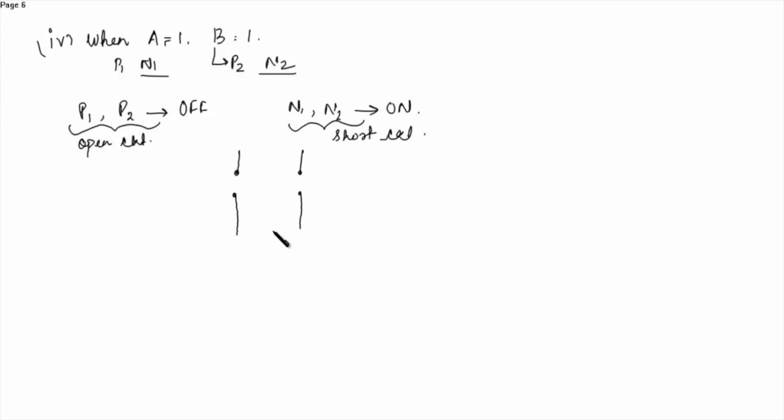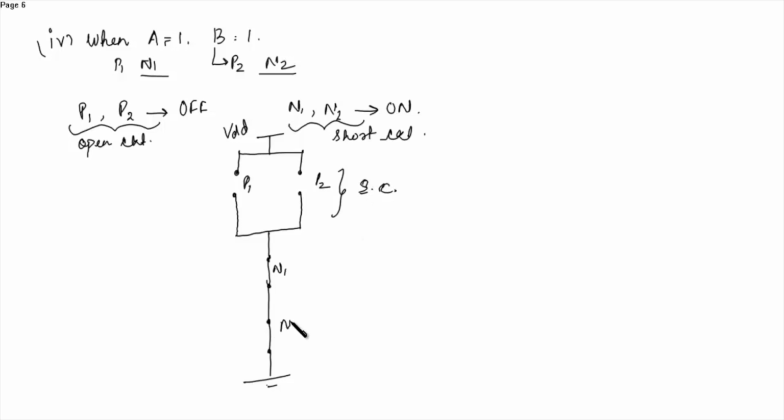So here this is connected to VDD, and here both will be short circuited. So this is P1, P2, both open circuited, and N1, N2, both short circuited.